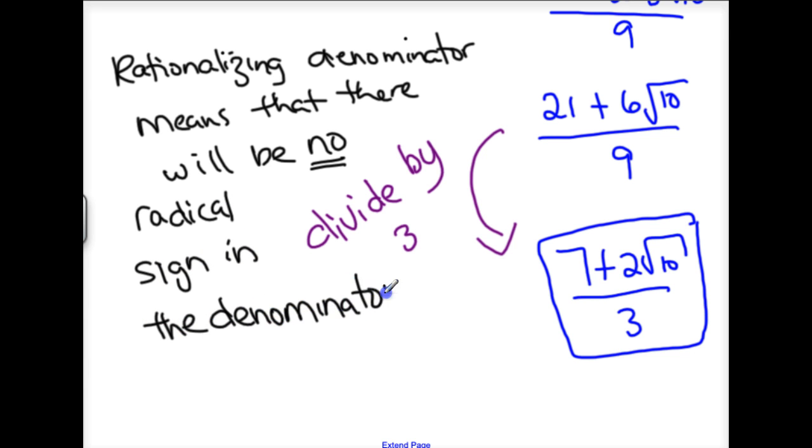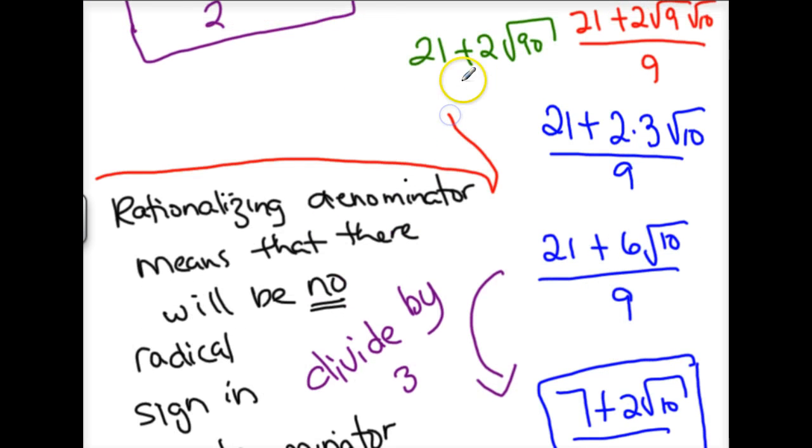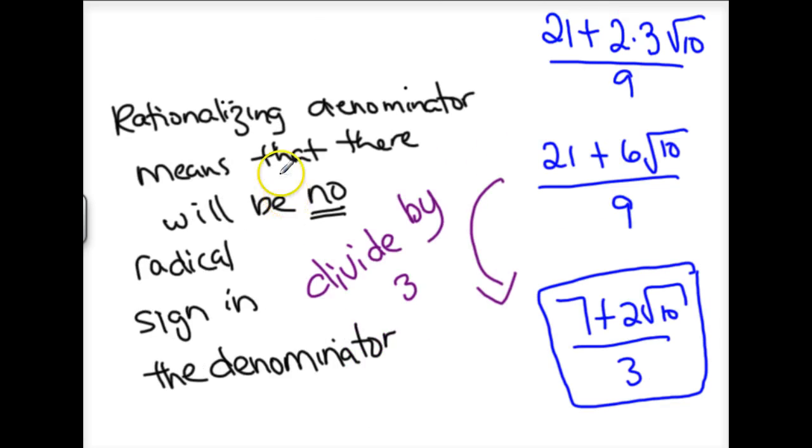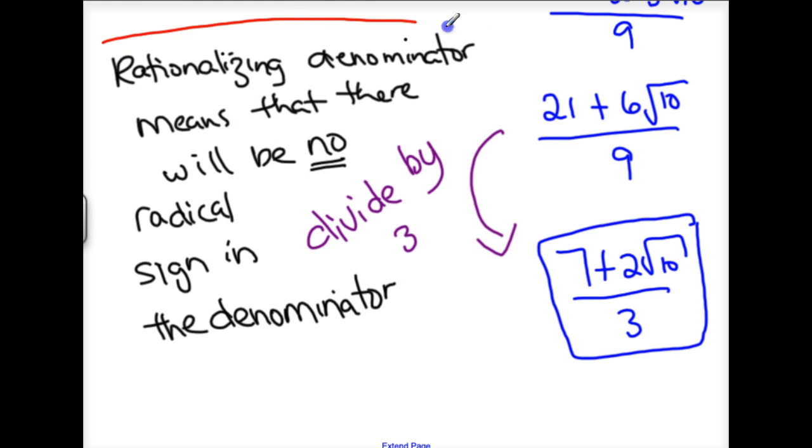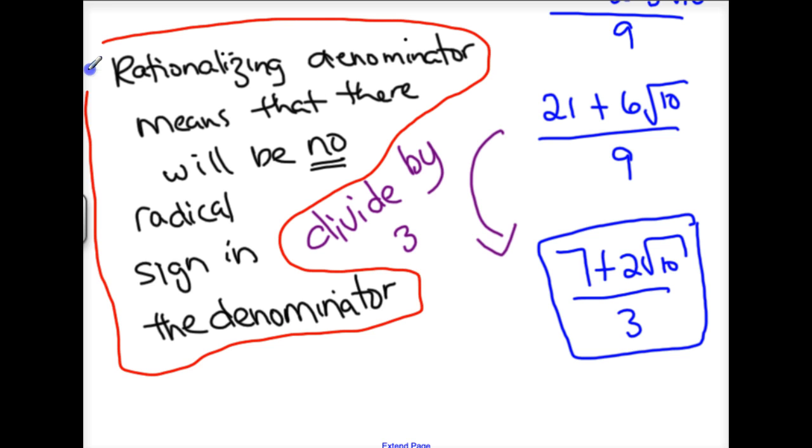So in simple terms, whenever you're rationalizing a denominator, it just means that you do not want any radical sign in that denominator.